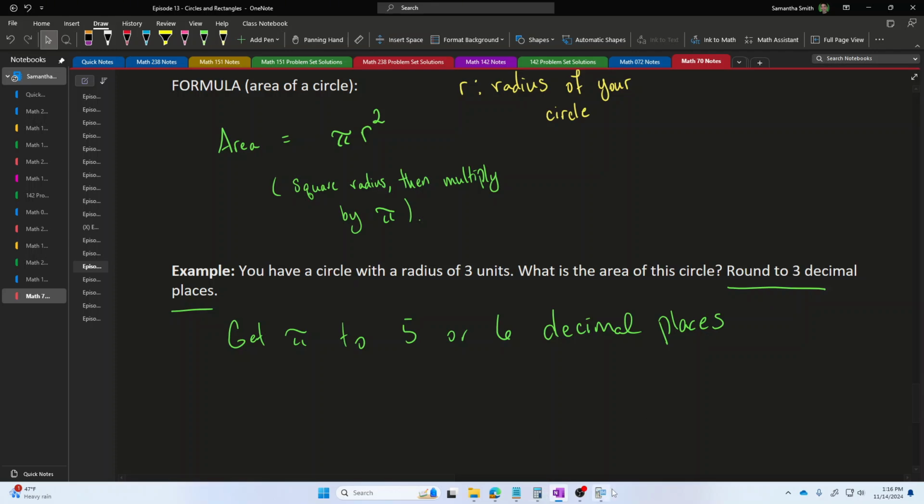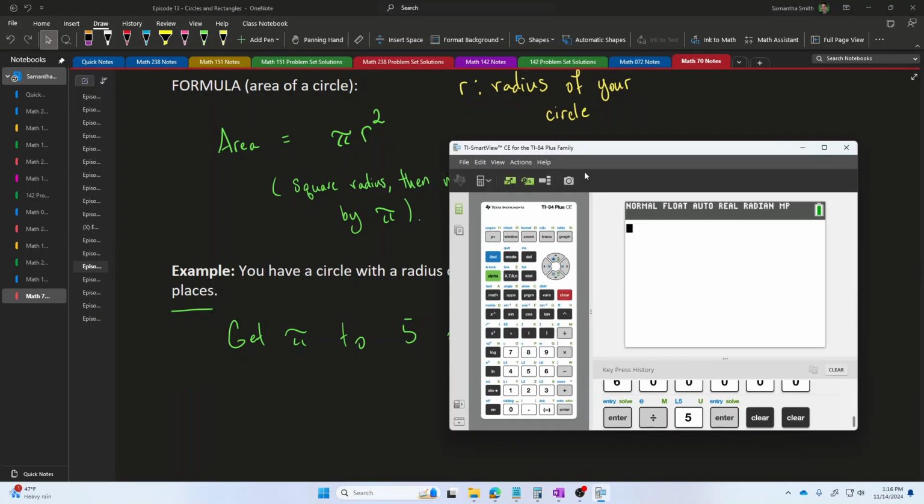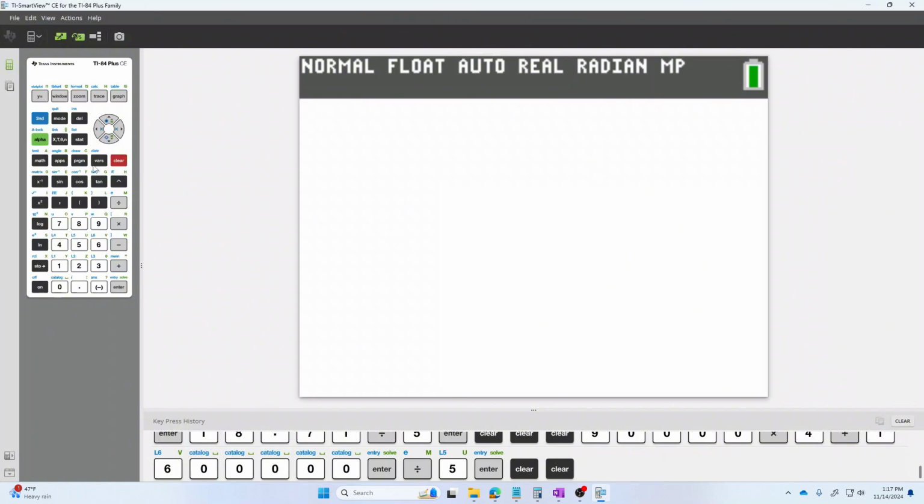Now, if I look up the value of pi, for example, on a graphing calculator, the symbol for pi can be located right here. It's extremely small. It's directly over the exponent button, and it's written in blue. So if I want to access the tiny pi that is written in blue over the exponent button, the first thing that I have to do is hit the blue button on the calculator called second.